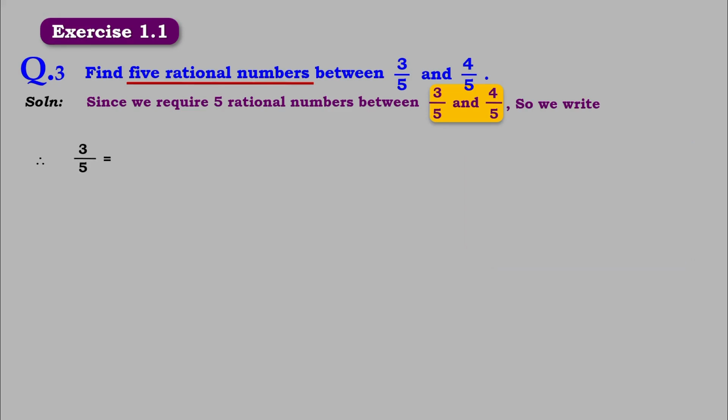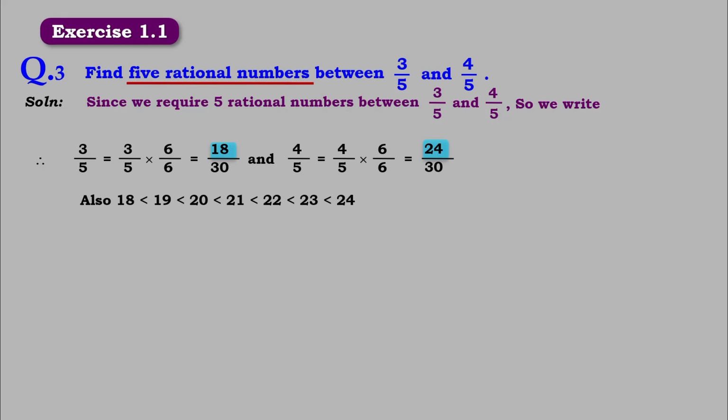So 3 by 5 equals 3 by 5 into 6 by 6, equal to 18 by 30, and 4 by 5 equals 24 by 30. Now we need to find the rational numbers between 18 and 24.